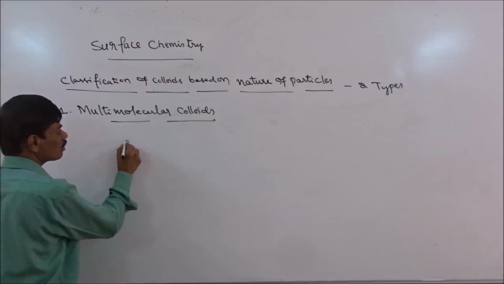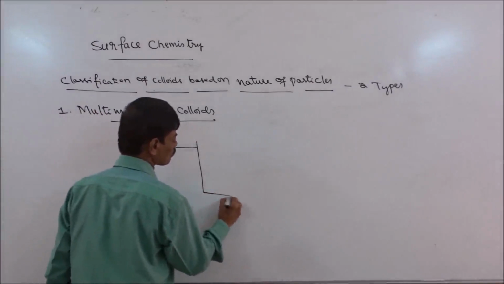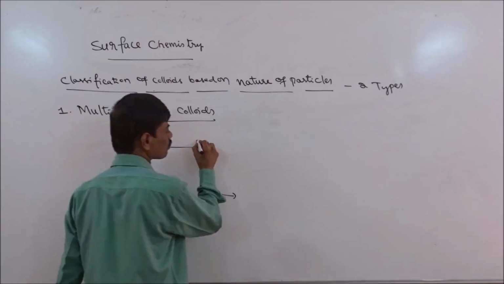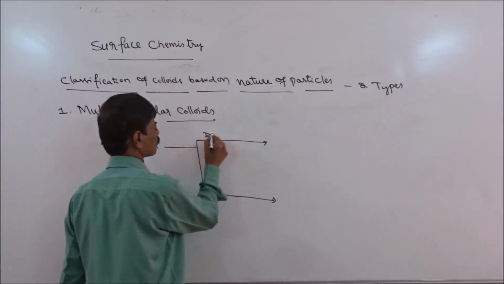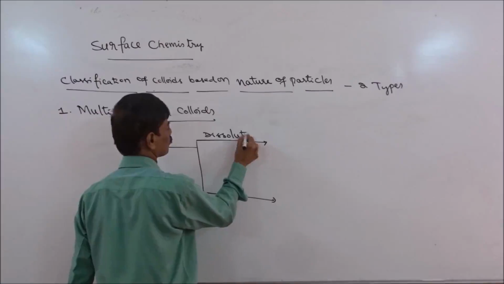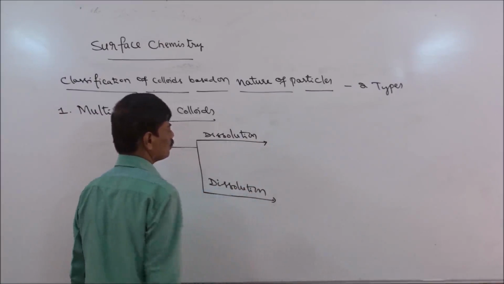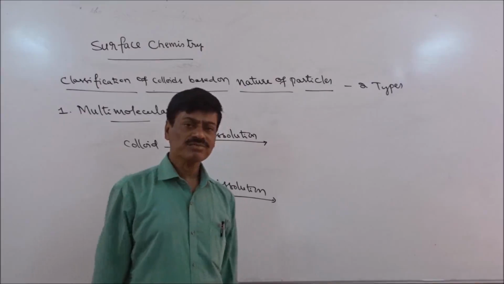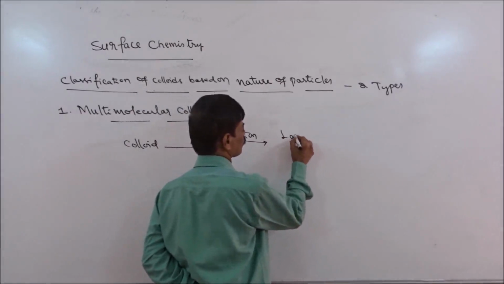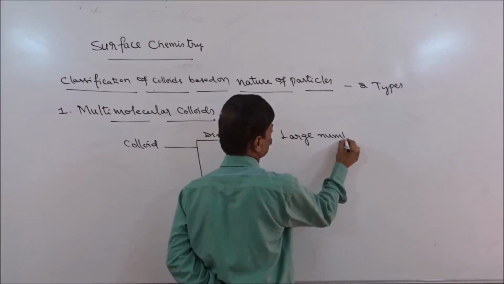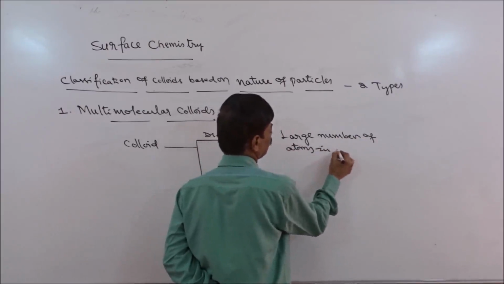So a multimolecular colloid we have taken and it is subjected to dissolution. When it is subjected to dissolution, we may get a large number of atoms in aggregation.